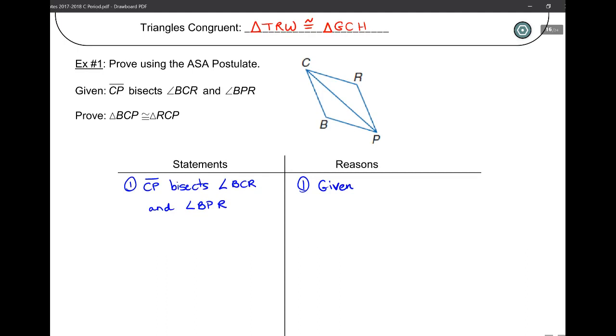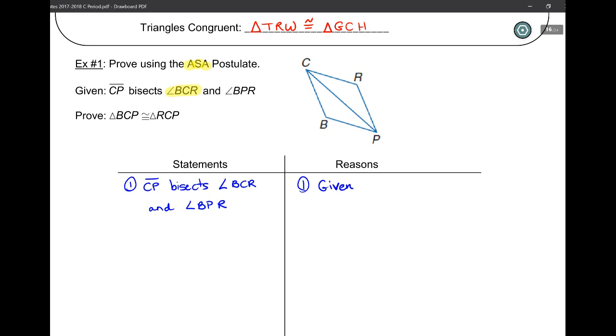Now, just like the lesson that we did previously, what we're looking for are three things. In this case, we're looking for two angles and the included side. We're going to have to use the given information and also maybe refer to the picture. Now, if CP is bisecting angle BCR, that means BCR is cut into two congruent parts. So let's look at that angle first.